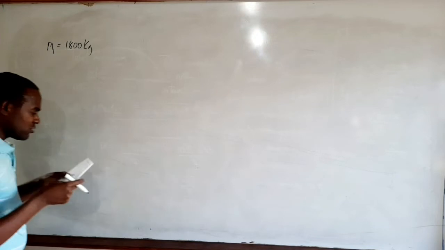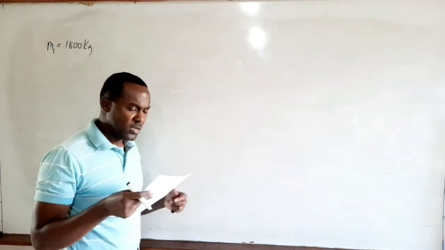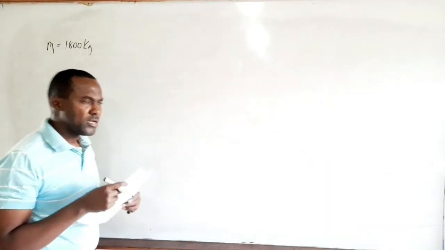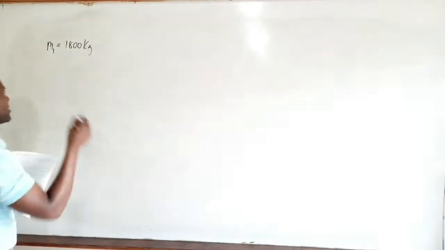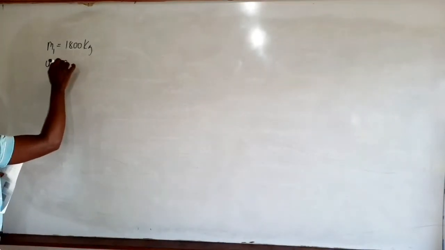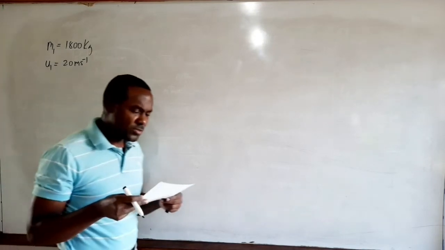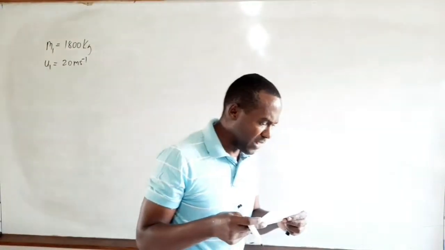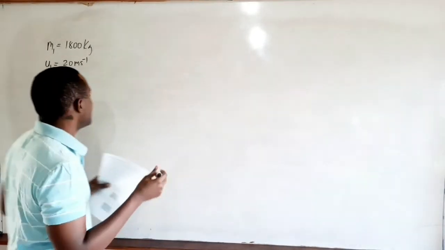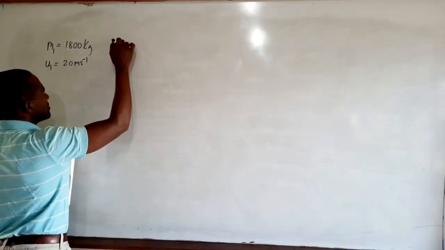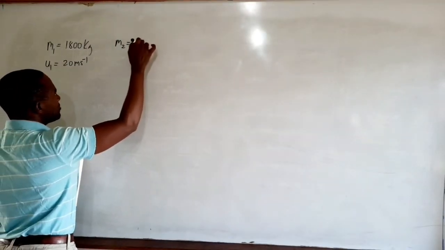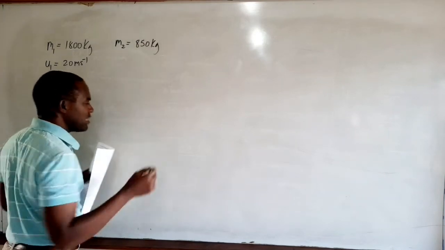Now we're told it is traveling at 20 meters per second. So we'll take that value as its initial velocity, u1 is equal to 20 meters per second, right? Now it's going to collide with a smart car of mass 850 kilograms. So let the mass of the smart car be m2, and therefore m2 is equal to 850 kilograms.